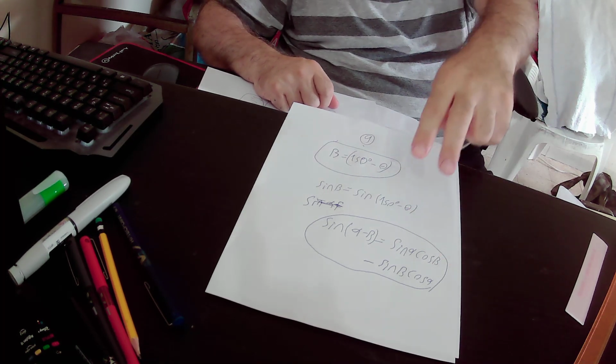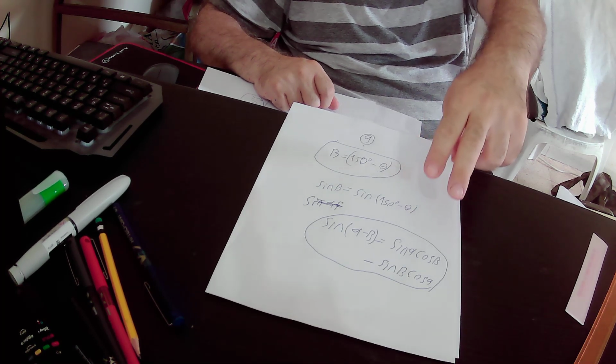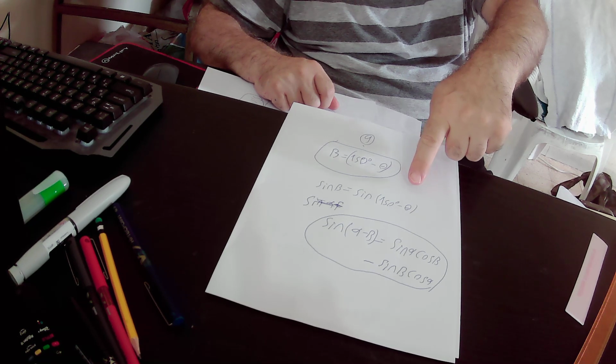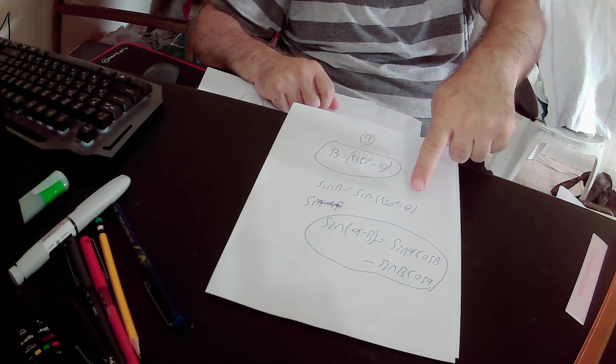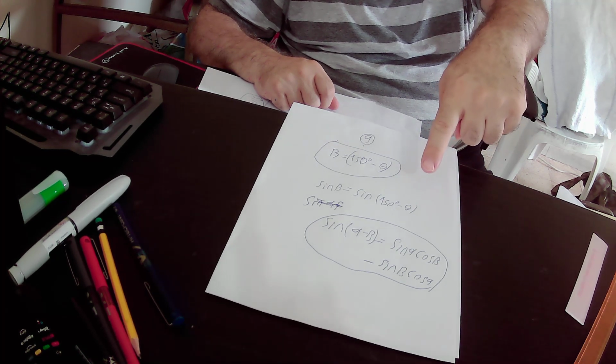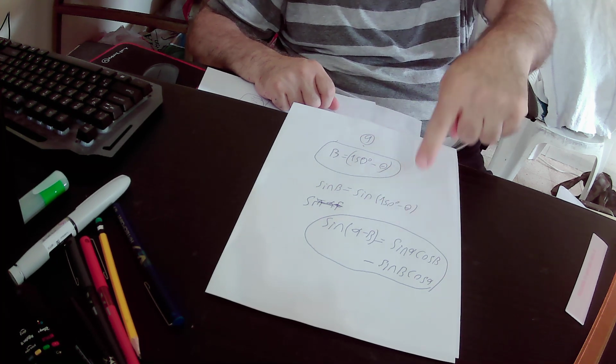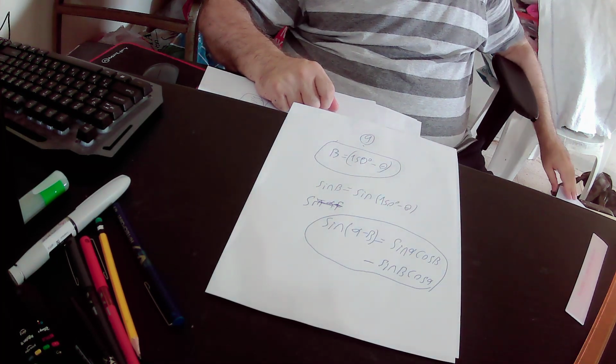So we can implement this identity here to find the value of sine of 150 degrees minus theta, when alpha equals 150 degrees and beta equals theta.